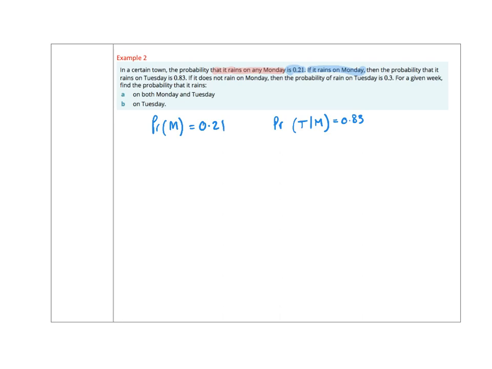It's not that it's the probability of it raining on Tuesday, it's the probability that it rains on Tuesday given it rained on Monday is equal to 0.83.